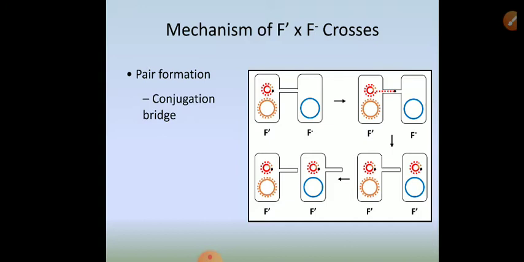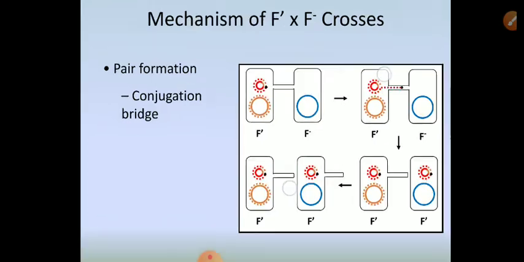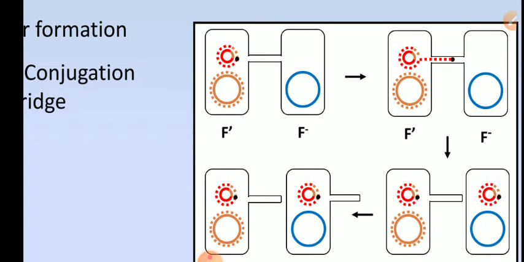F prime F minus mating or crossing is similar to F plus F minus crossing. Here you can see in this diagram that F prime cell is mating with F minus cell. The F minus cell is not having any plasmid. F prime cell is having a plasmid, but now it is not the F factor, it is the F prime factor, because the plasmid is having a few chromosomal genes.